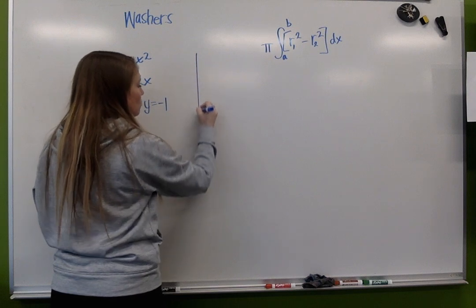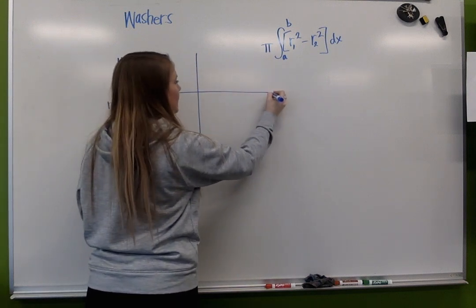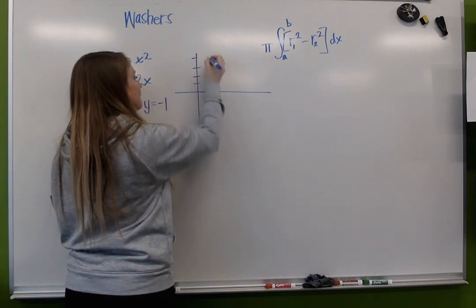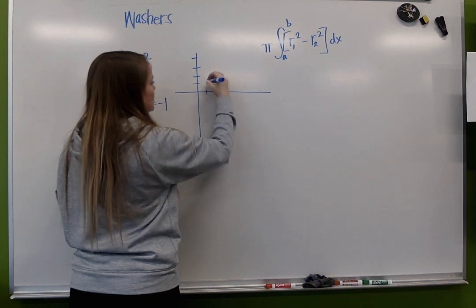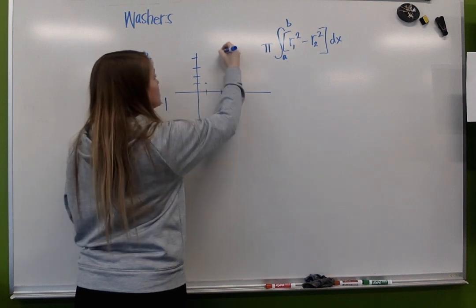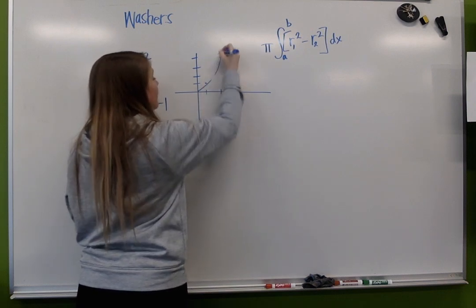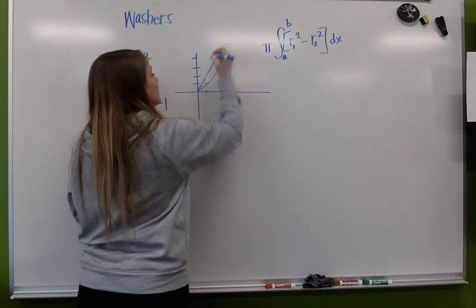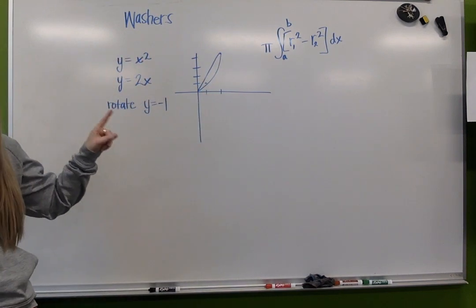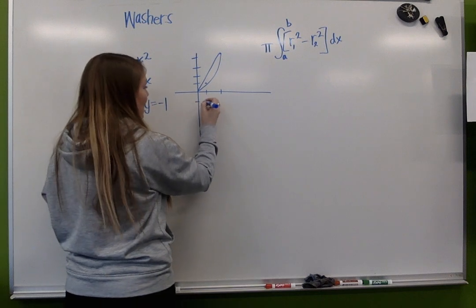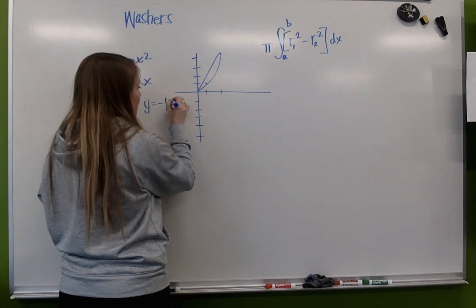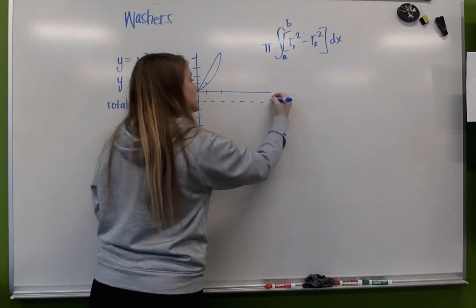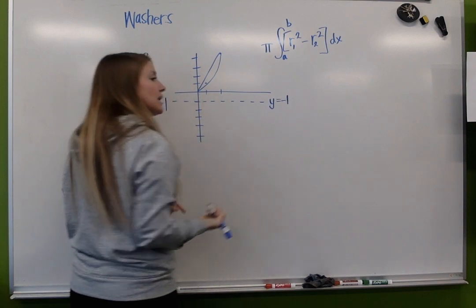So again, with a visual. So this could be a time to pause, get yourself a nice pretty graph. We're taking the same area, but now we're rotating below the x-axis at y equals negative 1.